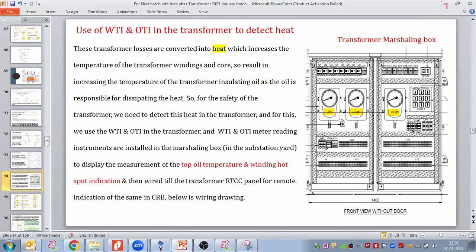So these transformer losses are converted into heat. Heat is I square R, as we know. So current into resistance gives heat, which increases the temperature of the transformer winding and core as well.